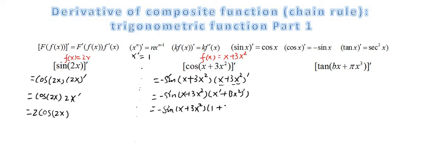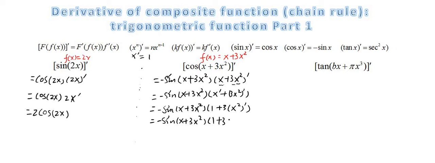Here the constant is 3. We keep the constant the same and take the derivative of x squared.